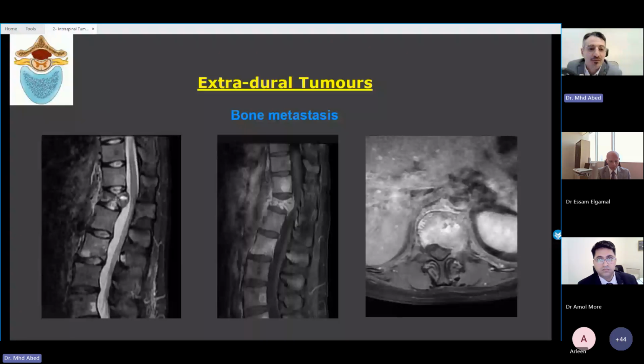There is pathologic fracture involving the superior and inferior endplates, and there is also retropulsion of the posterior vertebral body margin, and it's not causing any spinal cord compression because there is CSF space.